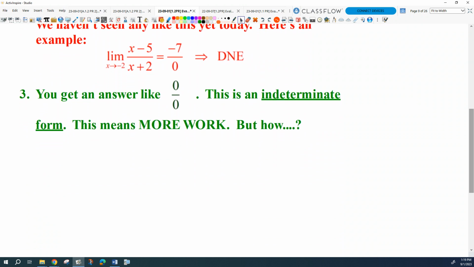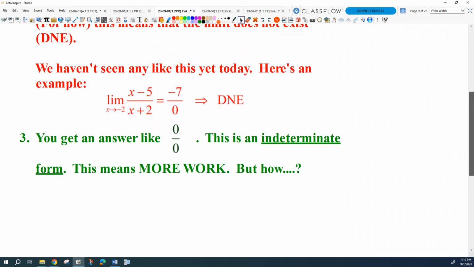If I get an answer like 0 over 0, or later in the course, infinity over infinity, or even something like 0 times infinity, but that's way in the future. For now, we'll stick with 0 over 0. This is what we call an indeterminate form, and it means more work. That limit might exist, it might not exist, but we have to do some more work to find out which one is happening.